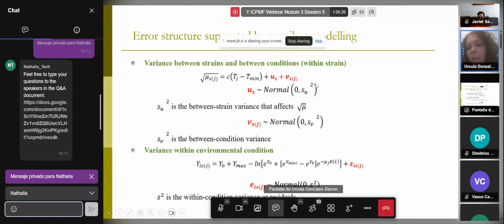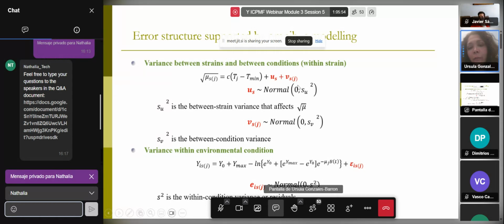If it is not significant, it means that we can drop this term and there is no need to talk about between strain variability. Okay, so this S, if you see S in parentheses J, means nested. This is understood as nested because the condition is nested within the strain. This is how you have to interpret it.